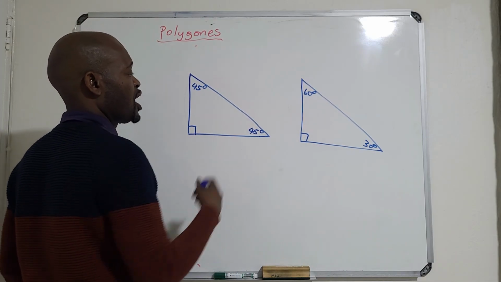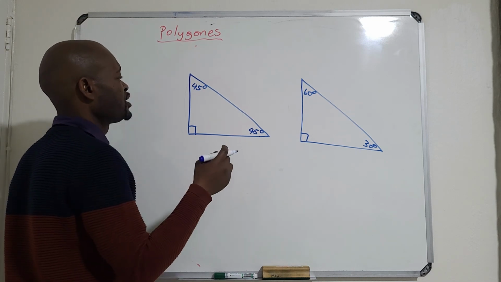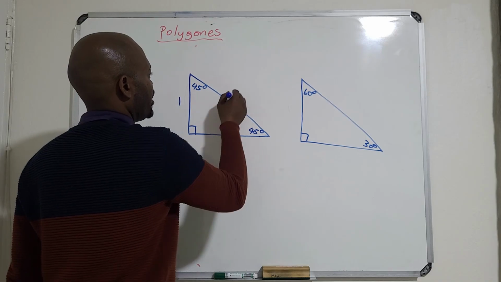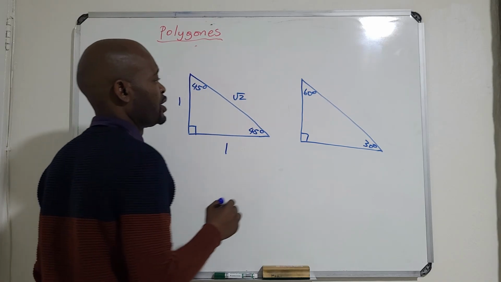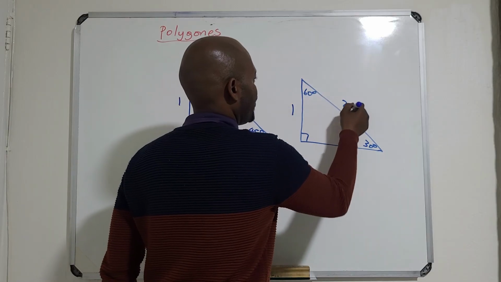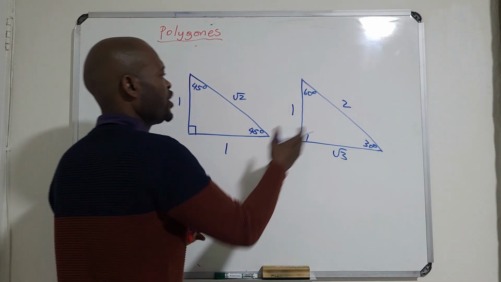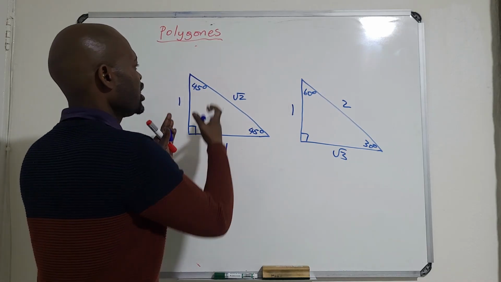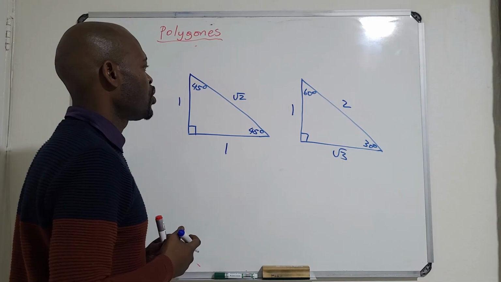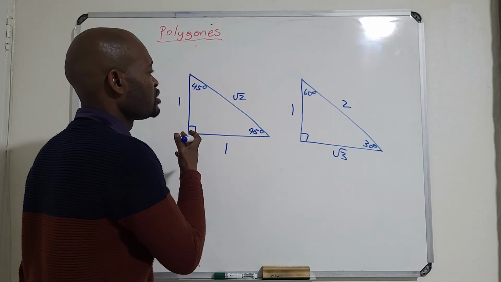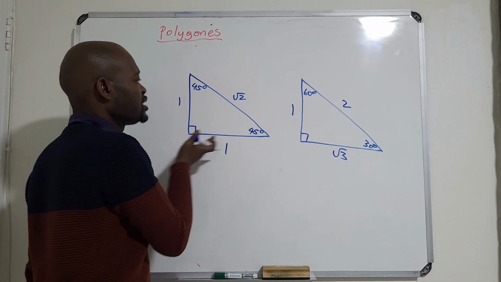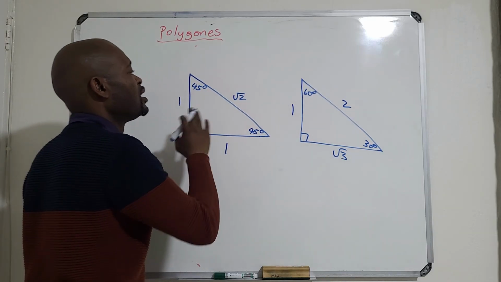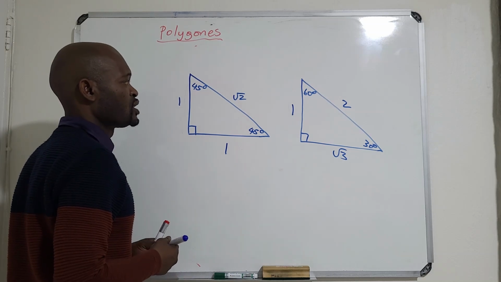Therefore, the two are not similar. Even sides are not in proportion, because if I have 1 there, and root 2 there, and if I have root 3 there, we know these triangles are special angle triangles. Therefore, corresponding sides are not in proportion, and corresponding angles are not equal. Therefore, the two are not similar.